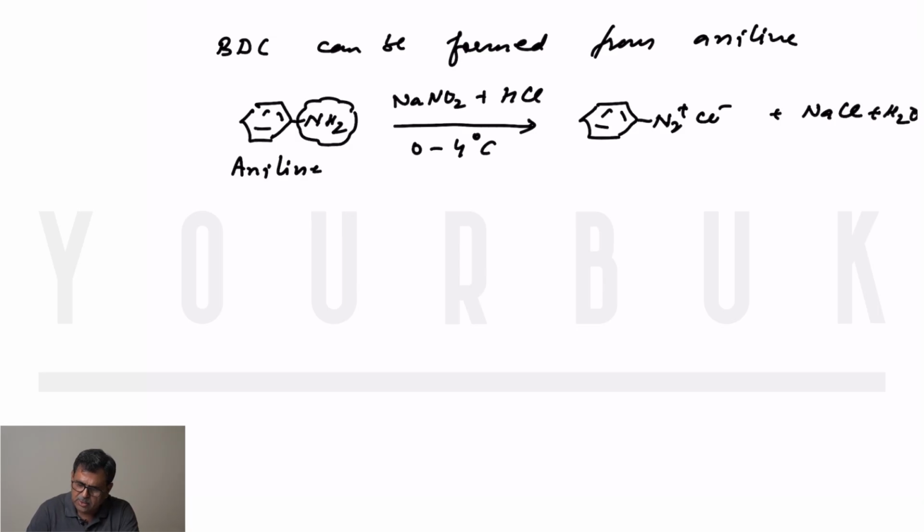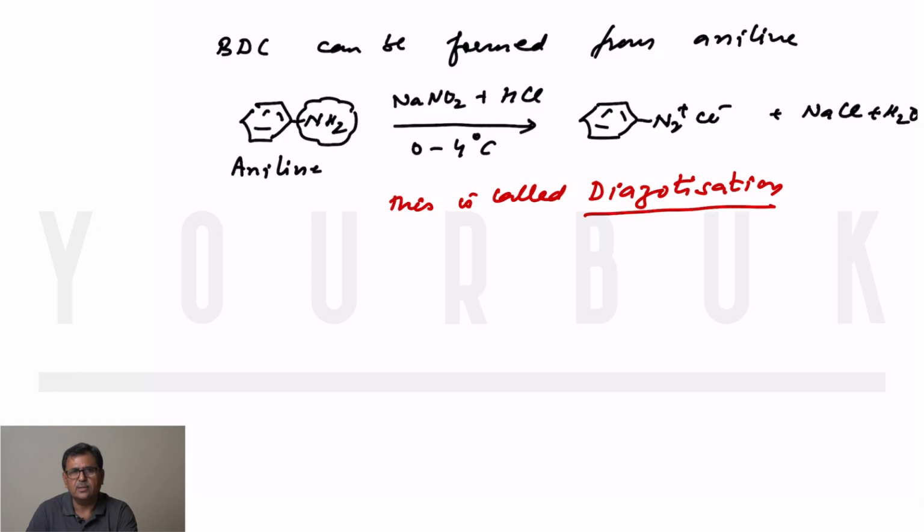Now, this preparation of a diazonium salt from aniline is known as diazotization. So via diazotization, I can change my aniline into any halobenzene, chlorobenzene, bromobenzene, iodobenzene, anything.